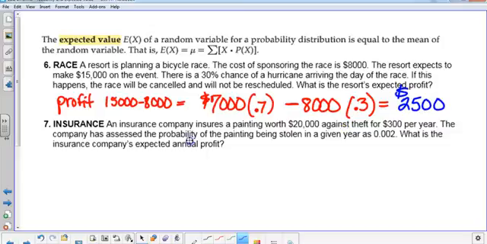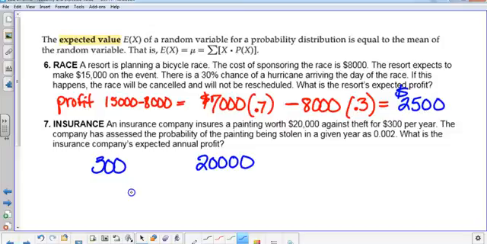This is more realistic. An insurance company insures a painting worth $20,000 against theft for $300 per year. So the guy's paying $300. The income, we're supposed to be the company, okay? The company's making $300 every year. The chance that it gets stolen is 0.002 every year.